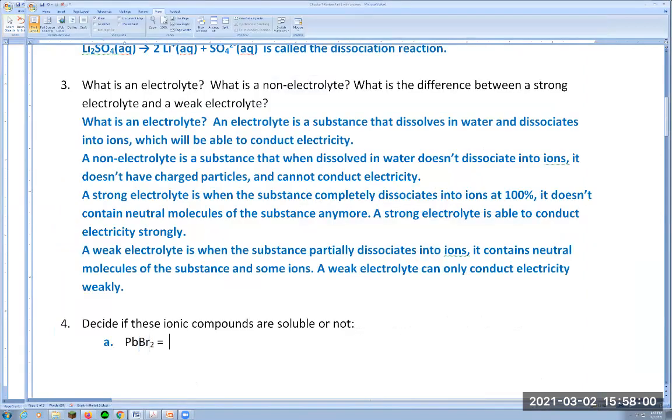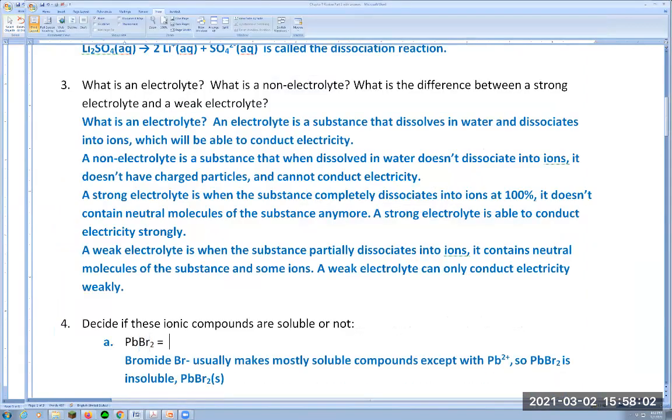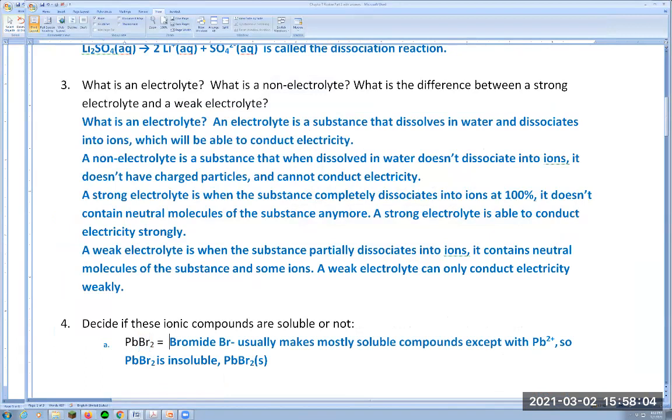So here you want to say that Br− usually makes soluble compounds, except, and that's part of the exceptions, with Pb2+. So then PbBr2 is insoluble. And if you write it in a chemical equation, you would write S for solid, PbBr2(s), where S is the physical state. So that's for this one.